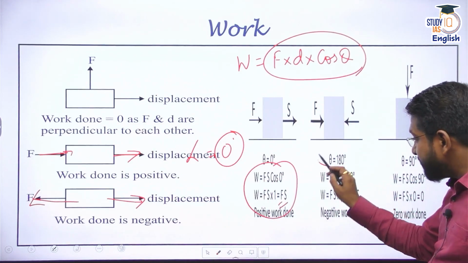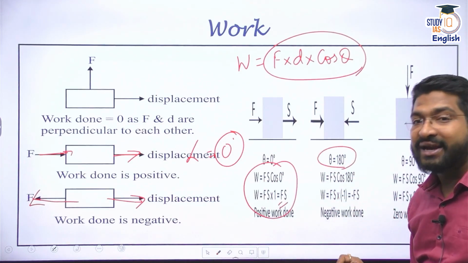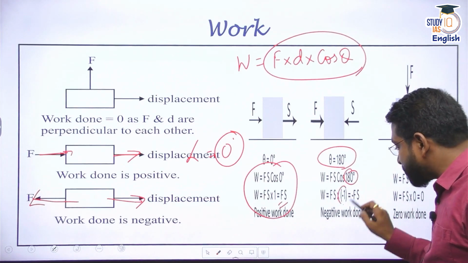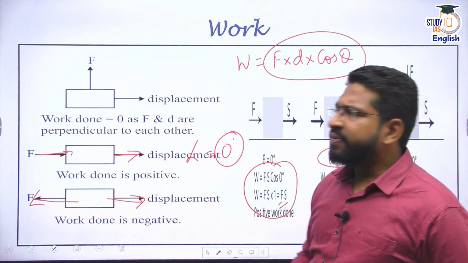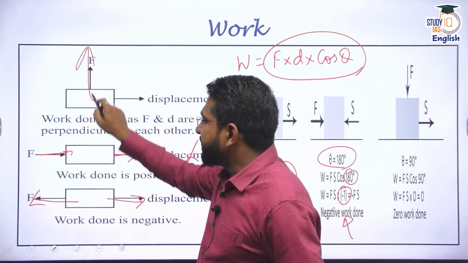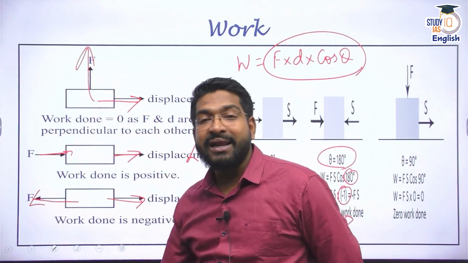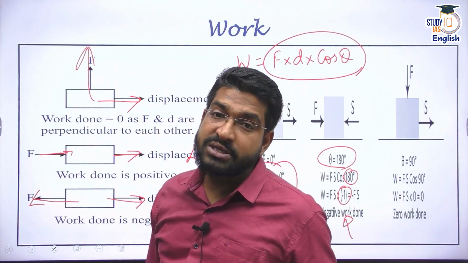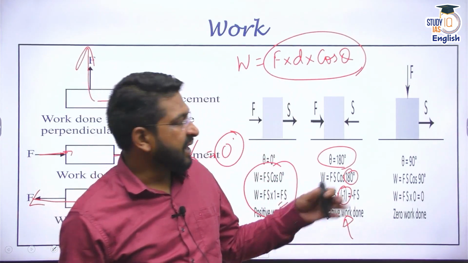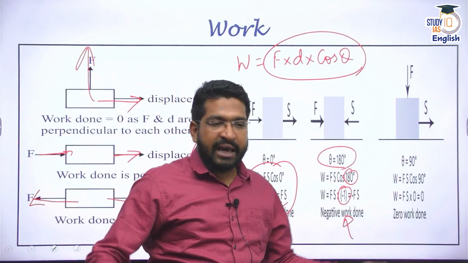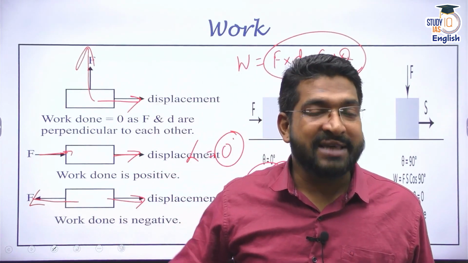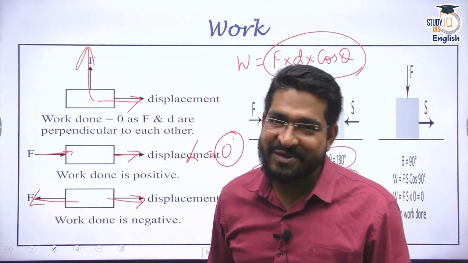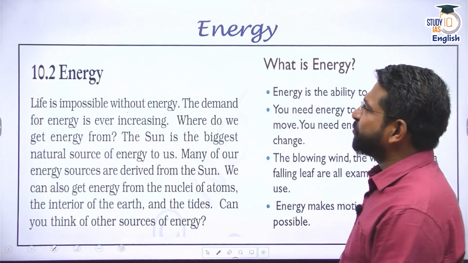Why? Because the angle between force and displacement now is 180 degrees and cosine of 180 degrees would be -1, which is negative work done. But imagine a scenario where you apply force in one direction, displacement is perpendicular to it, then the work done is actually 0. Why? Because the angle between them is 90, cosine of 90 is 0. So work done can be positive, negative, or 0. That's the scientific idea of work. Clear? Right. Let's move on to the next concept.